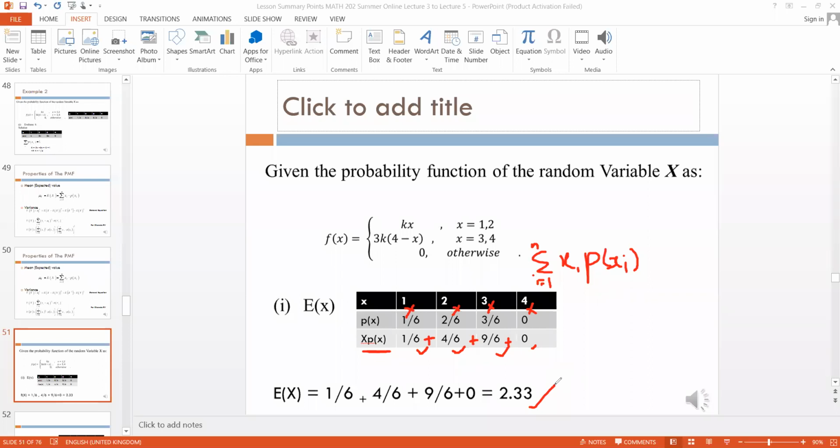Then we looked at joint events, the addition rule, where we talked about mutually exclusive events. Under mutual exclusivity, the probability of A or B is the probability of A plus the probability of B. Then we also looked at independence, the multiplication rule.